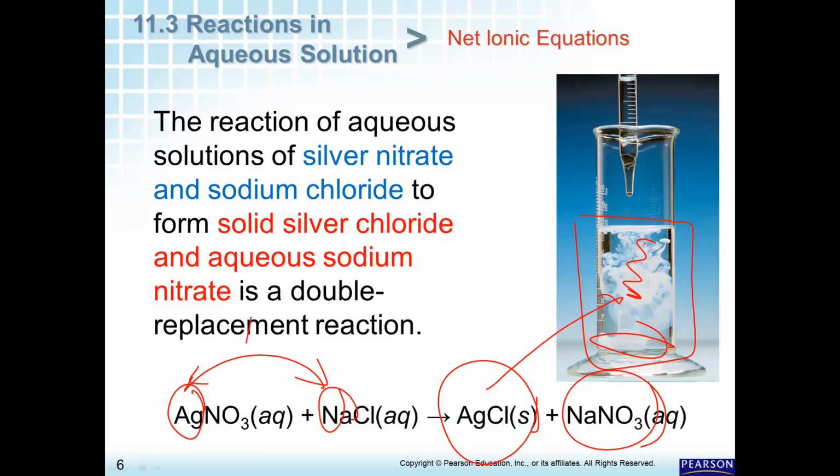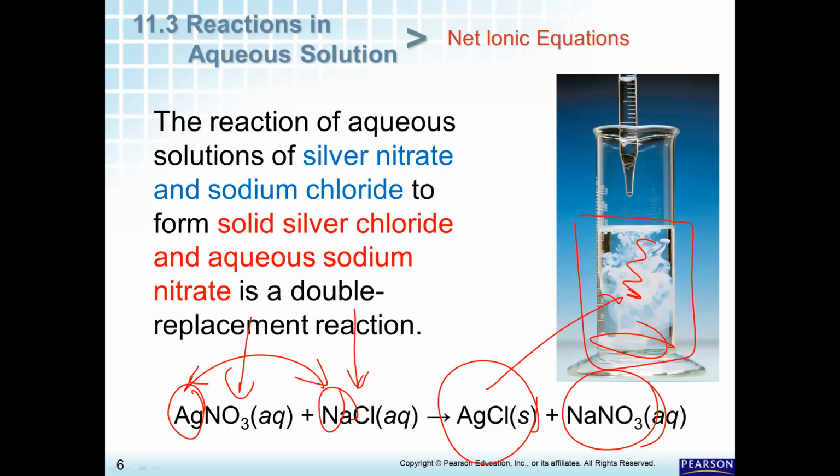But since these are aqueous, you know that they will exist as positive and negative ions. So all we need to do is change this chemical equation into what we call a complete ionic equation by separating all the compounds that exist as ionic compounds in aqueous media.